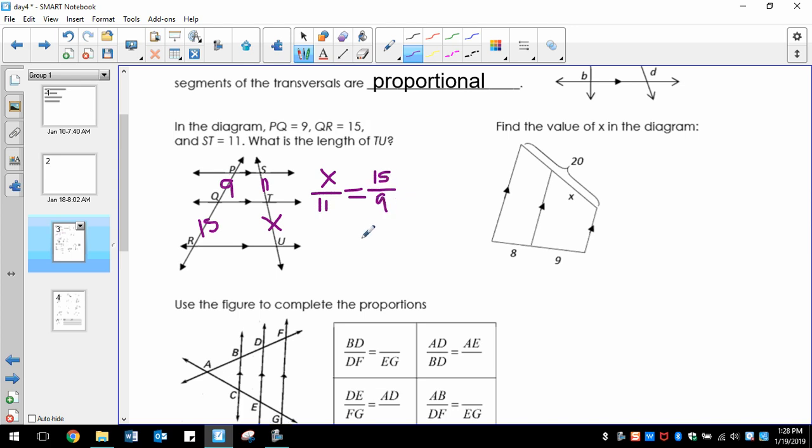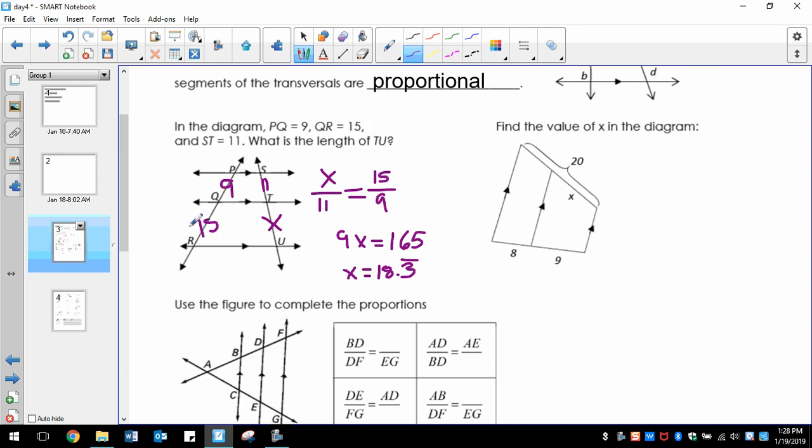Once you have it set up, you cross multiply, so you'd have 9x equals 165. And then just math really quick, that would be 18.3 repeating. Okay, so it's as simple as that to use a side splitter. You just pick where you want to start and make sure you mimic the same pattern on the other transversal.